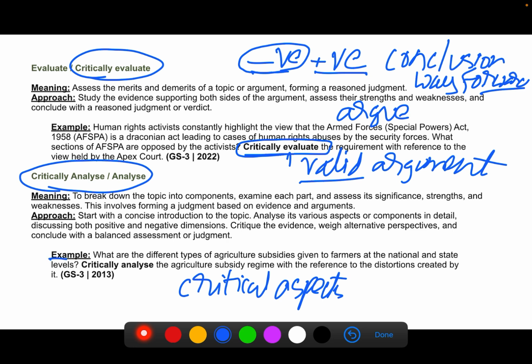In the given example, the question is about agricultural subsidies: critically analyze the agricultural subsidy regime with reference to the distortions created by it. Here we need to be very specific.